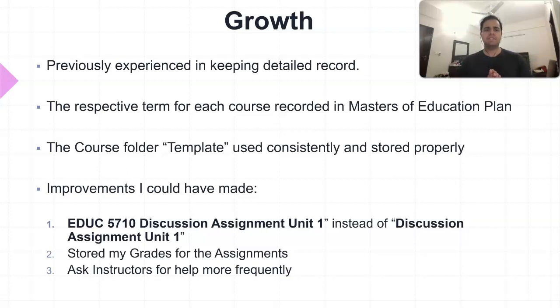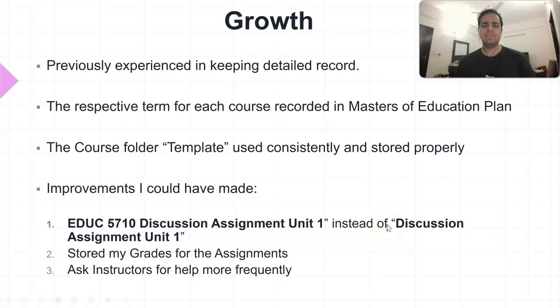In addition, for the folders that I used, the template was created at the beginning, and then as I took each course, I would just make a copy of the folder and start renaming the unit numbers and the course numbers, and then store them properly just to be sure that nothing was ever lost. In terms of improvements, since I used the template, the discussion assignment, the written assignment, and the portfolio activity for each unit have the same name for each course.